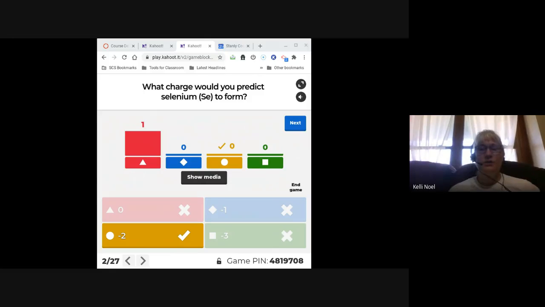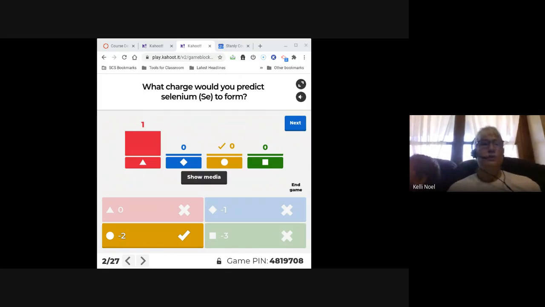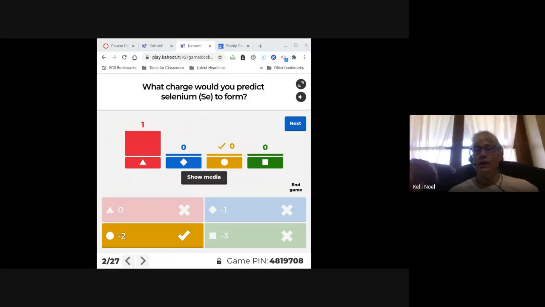Selenium, Se, is in the same column as oxygen, so it's in group 6A or group 16. It would need to have two more electrons, so it's a -2 charge. That was in one of the lessons I've posted in one of the Google Meets.